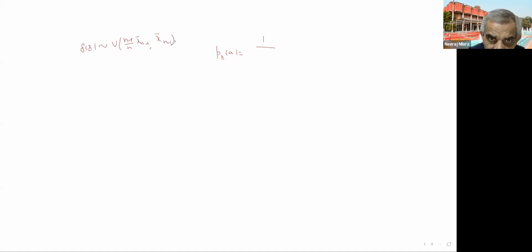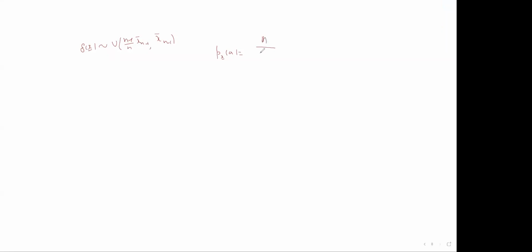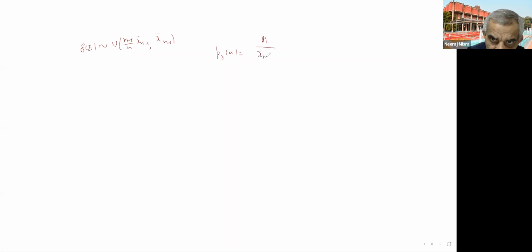So this is the same as n upon x bar n minus 1. I have written the density including the range. What is the range? Your a should be between n minus 1 by n x bar n minus 1 and x bar n minus 1. This is what your range is, right?